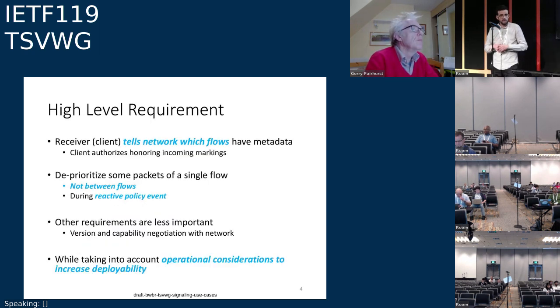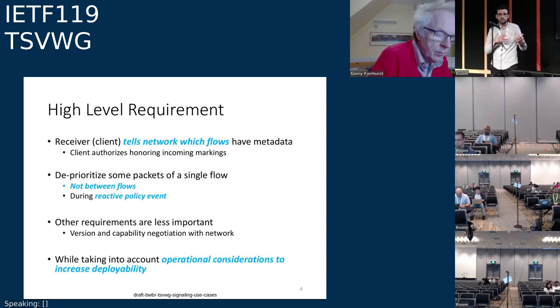This is an overall sketch of one way to do this collaborative signal between the host and the network. The receiver can pick a few flows, or packets within a flow, and say these are the flows for which I can send some metadata, so that the network can be prepared to handle them.